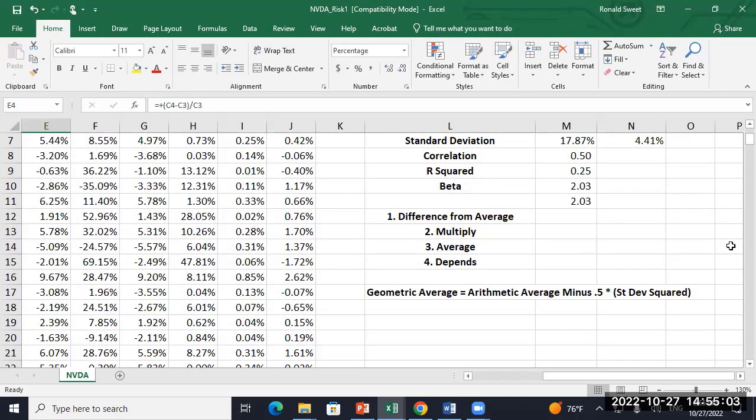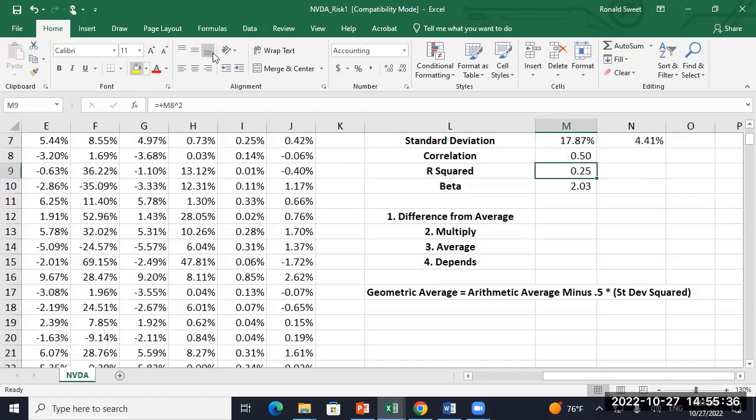What percentage of NVIDIA's standard deviation is systematic risk? It's on that page. Any guesses? Huh? No, not 2.03%, but you're looking in the right area. It is one of these numbers. So how much of this standard deviation is systematic risk and how much is unsystematic risk?